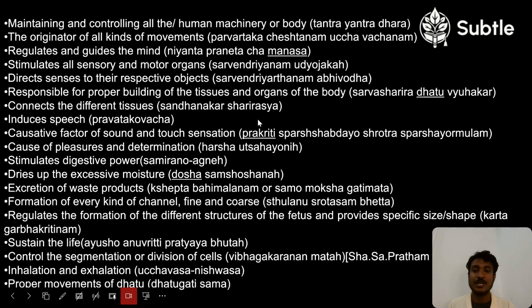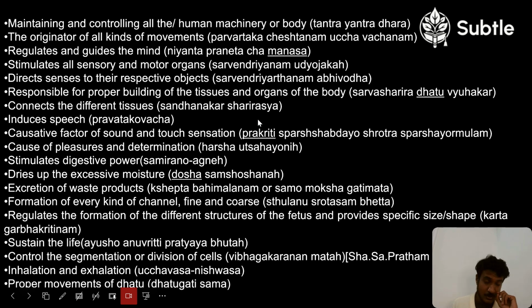Kshepta is a movement or excretion. Excretion is a function of apana vayu. You'll be studying it in the next class. Okay. Stula anu srotasam bhitta. Stula and anu, big and small, all kinds of srotasas, formation of all kinds of srotasas is due to Vata, of course.